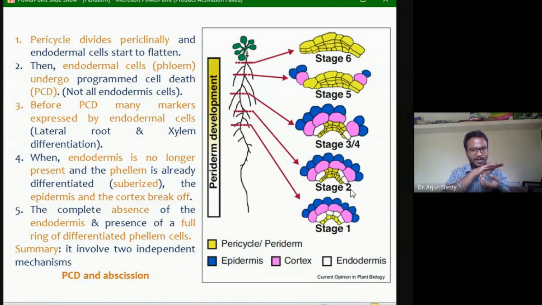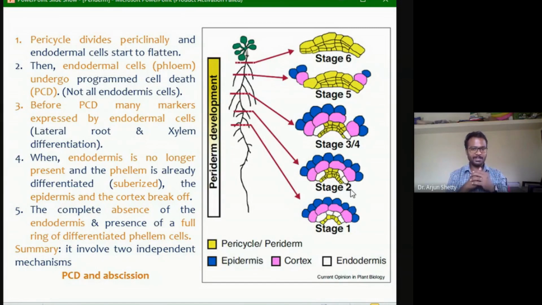This periclinal division leads to the endodermal cells becoming flattened, because the division appears only at the pericycle region. Because of the increasing number of cells, we see compression and flattening of the endodermal cells.